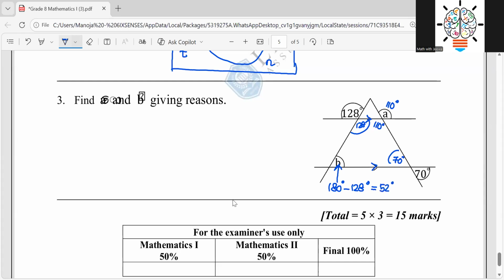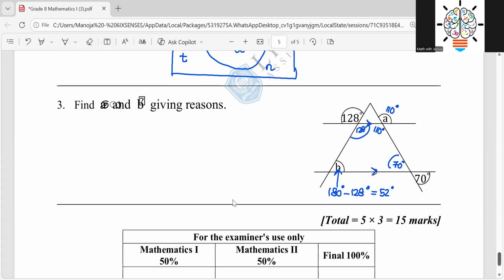This is 52. Two lines are parallel, so you found 70, then that is 110, A is 110, and B is 52. 128 plus 52, it is 180. Yes. Okay, children. So then we are done with the whole paper.